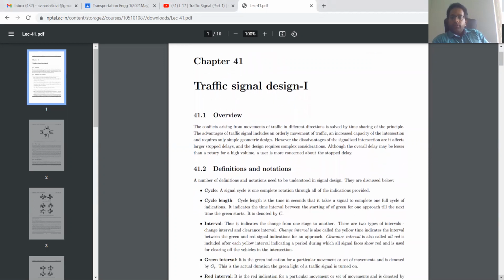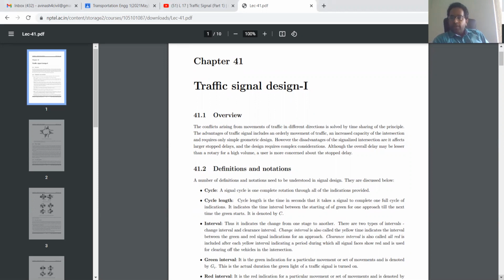Now, let us discuss certain definitions and notations. These definitions and notations are very much important considering the traffic signal. First one is cycle. A signal cycle means one complete rotation through all of the indications provided.